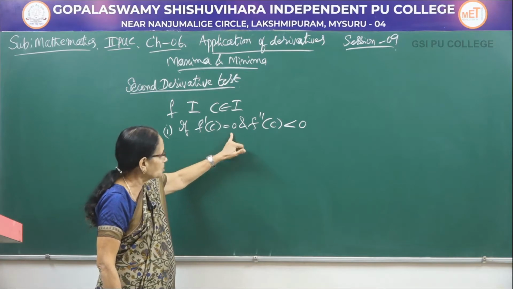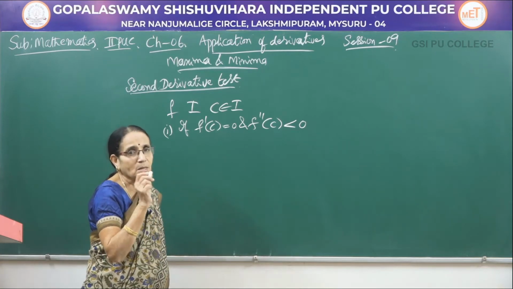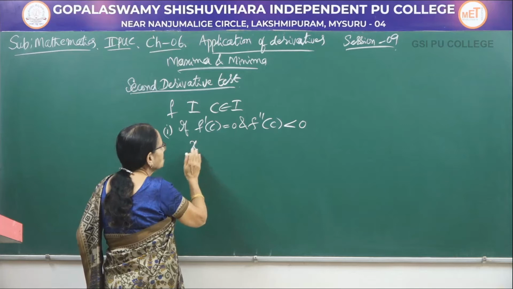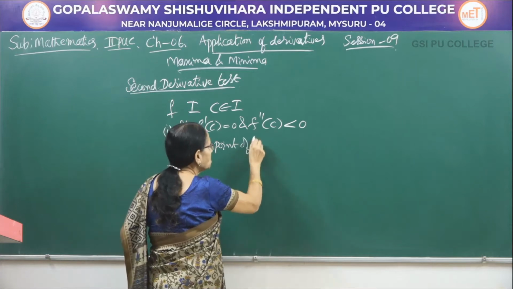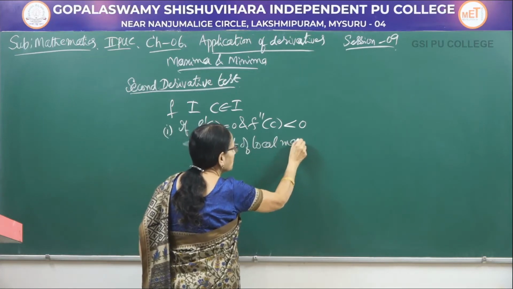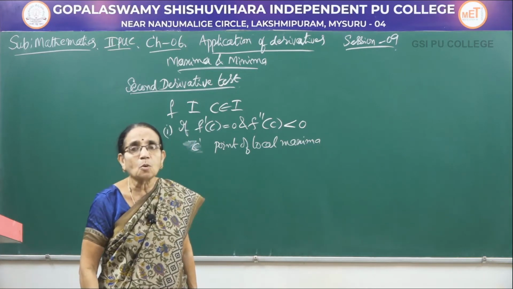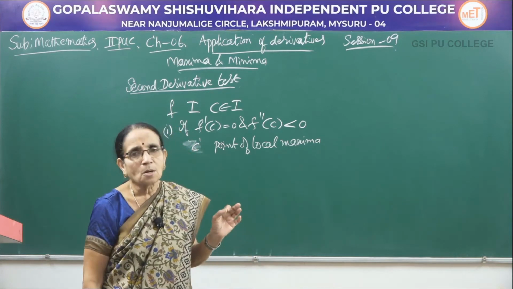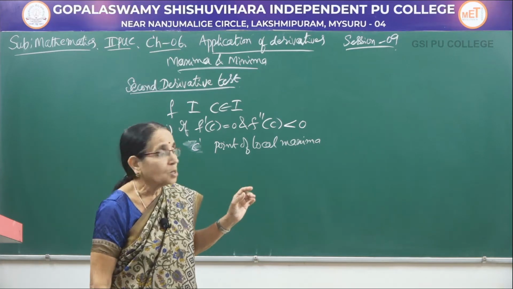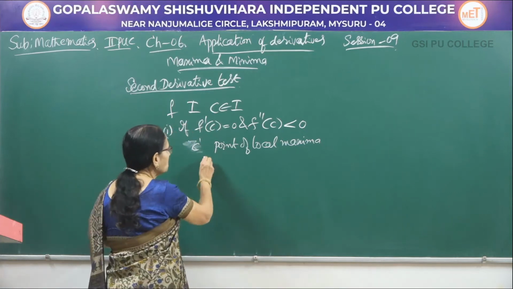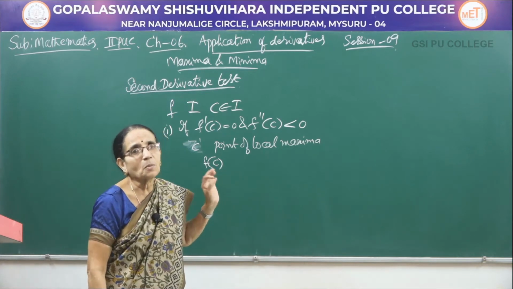If f dash C is equal to 0 and f double dash C is less than 0, that means it should attain a negative value, then that C is a point of local maxima, or you can say local maximum point. When you find the value of the function at the point C, this is called the local maximum value.